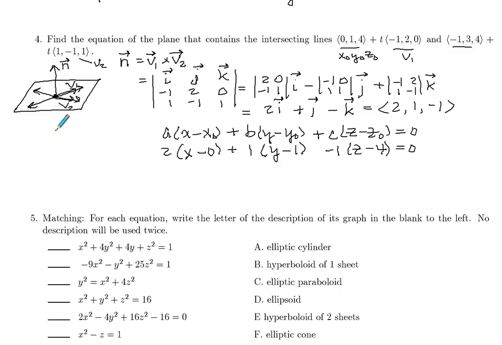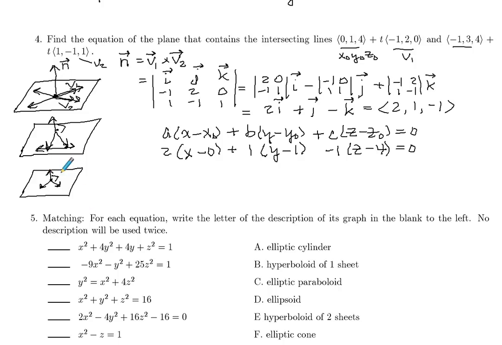Because remember, we had things like, okay, well, if you're given a point and then a line in the plane, then what you could do is you could find 2 points on that line, and then you could form two vectors like this and take the cross product of those two vectors to get your normal vector. Or if you're just given 3 points in the plane, that was the example that we did in the notes, then you form vectors like this and take the cross product.